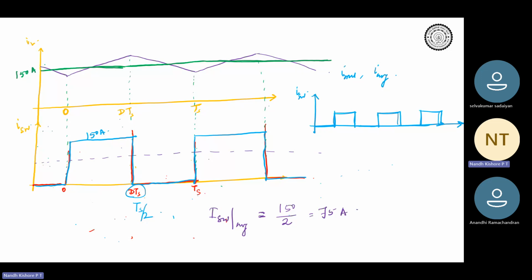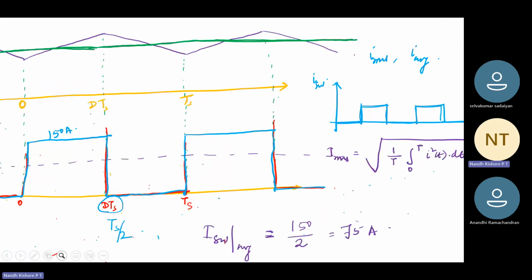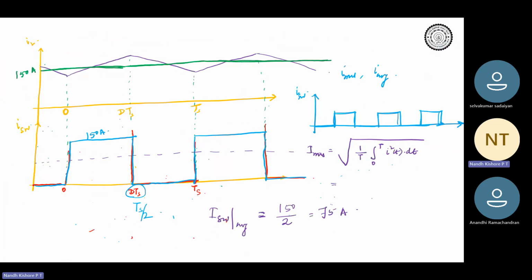So how do I find out IRMS? IRMS is root over 1 by T integral 0 to T I square of t dt. Now I divide I of t piecewise. There are two pieces: constant 150 amperes for Ts by 2 period, and constant 0 amperes for Ts by 2 period.